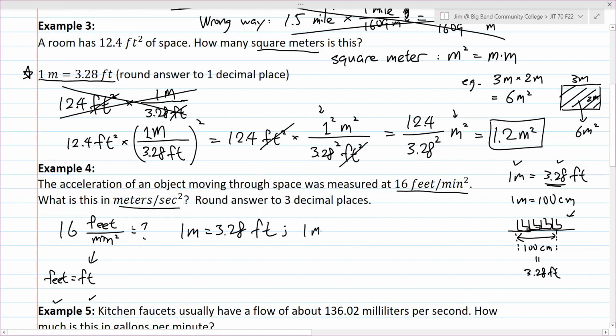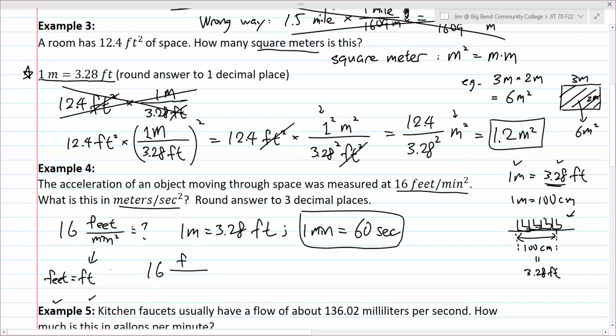And then MIN means minute. 1 minute equals 60 seconds. That's also the conversion factor you should memorize. All right, then these are all the info we need for unit conversion.